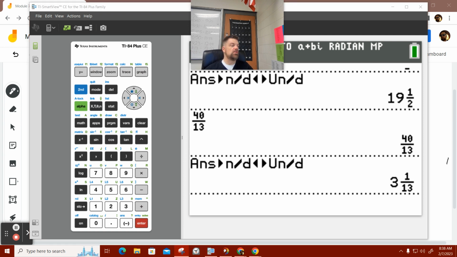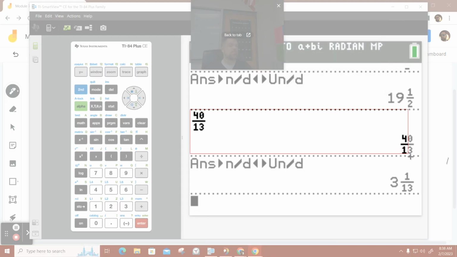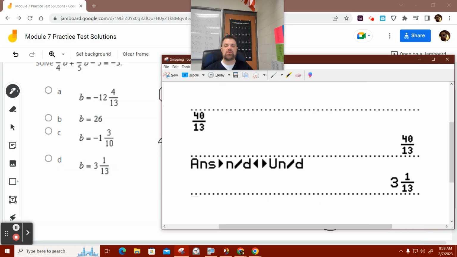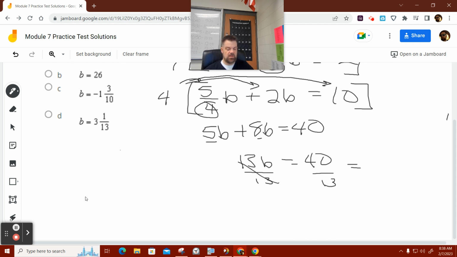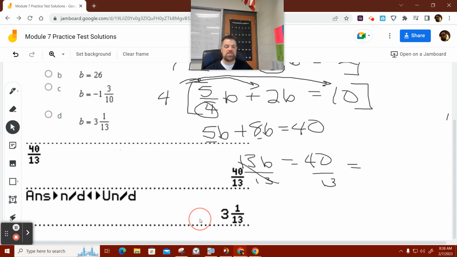Now, if you want to do yourself a favor on an open book, open note test, it might be in your best interest to write down what you do, because I'm showing you this because I want you to get the right answer. You should double check your answers in the calculator.